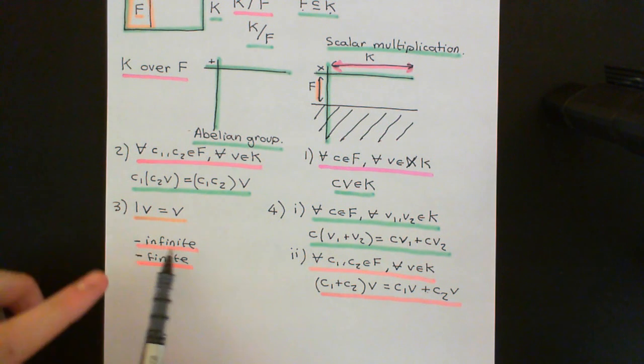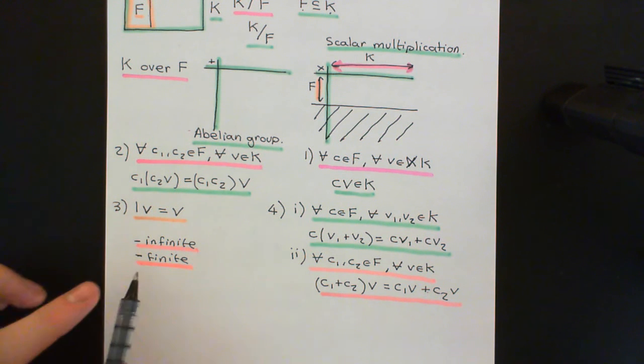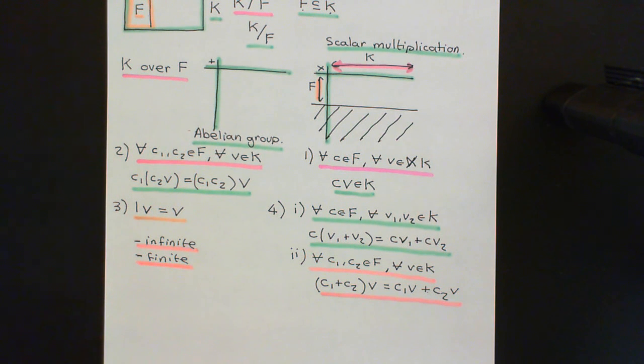Now, infinite dimensional vector spaces, we're not really going to see many of those. Throughout this playlist on field theory, our main focus will be on finite dimensional vector spaces.